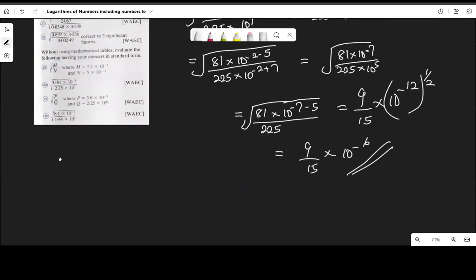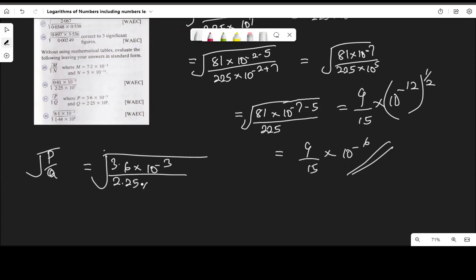We have the square root of p over q, where p is 3.6, so that will be square root of 3.6 times 10 to the power of minus 3 all over, on q is 2.25 times 10 to the power of 6.